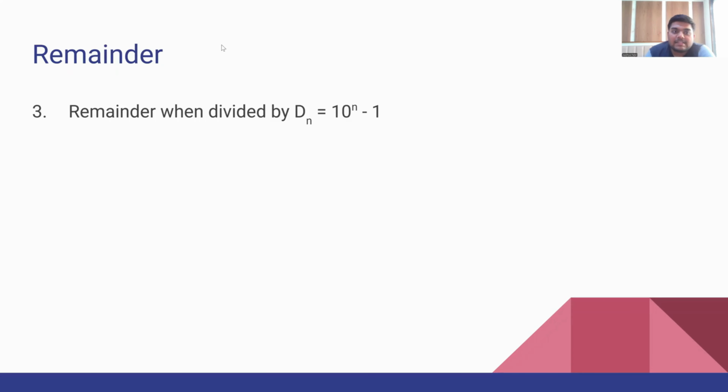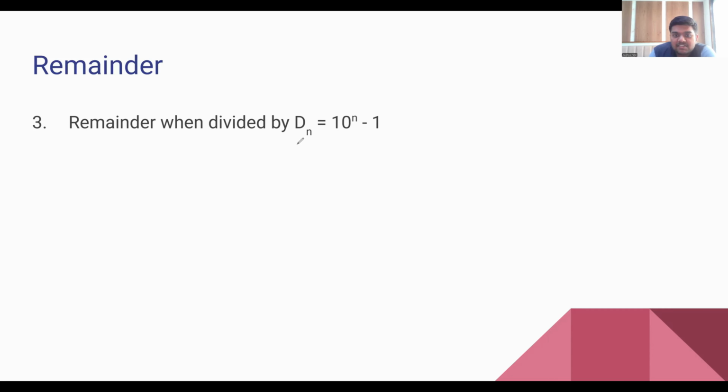Now, there is a special case. So when a number is divided by a number of the form 10 to the power n minus 1, which is of the form 999 dot dot dot, so all nines are in the division and there is a to the power k, something in the numerator.